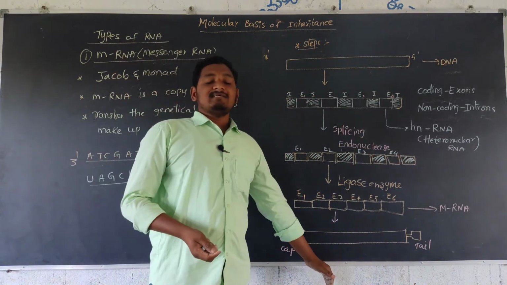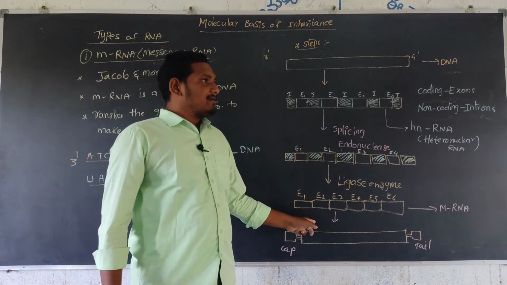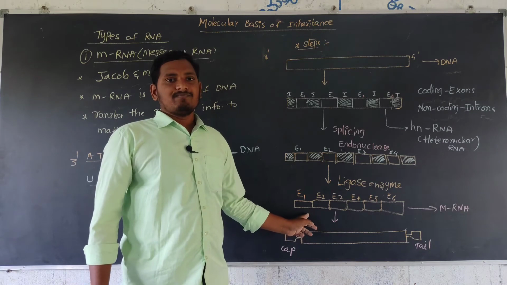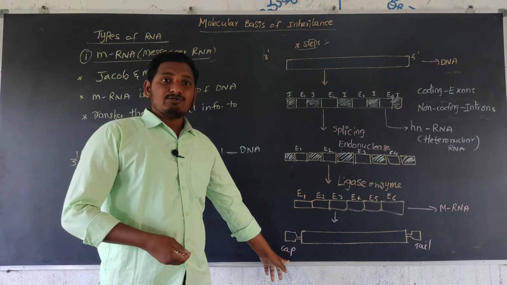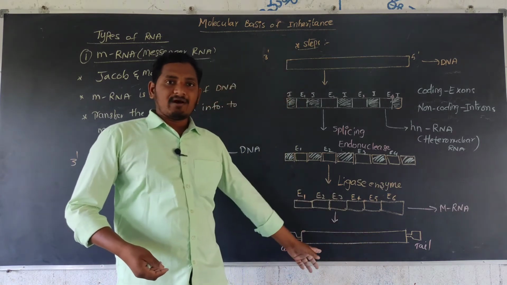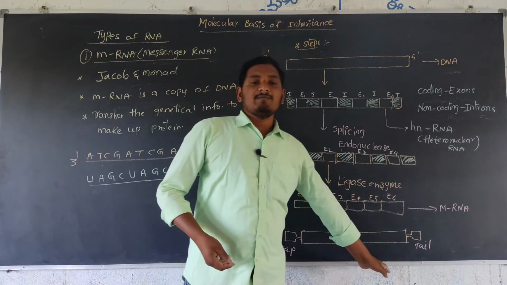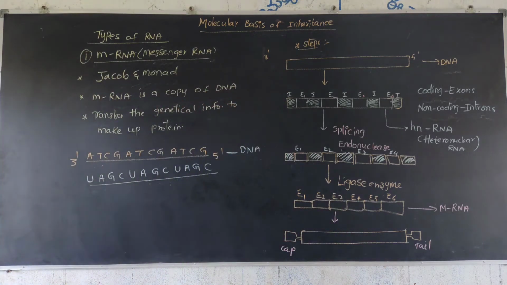Now this mRNA will be stable. Up to here mRNA is not stable. When the cap and tail are both added to mRNA, now this mRNA will be stable. Now we have to take up the structure of mRNA.